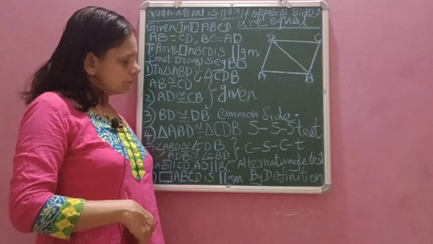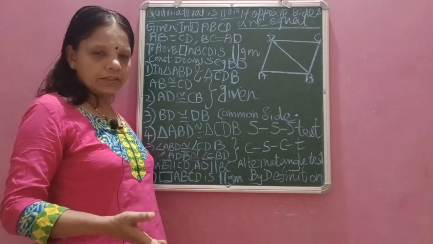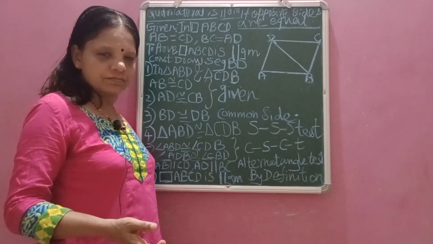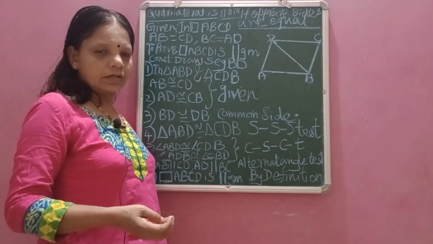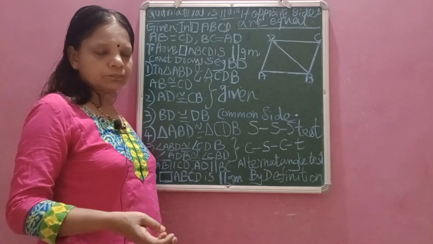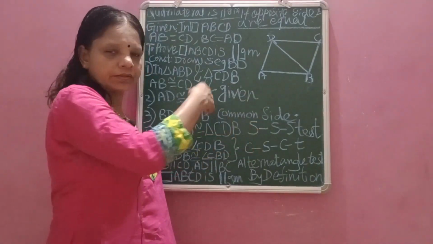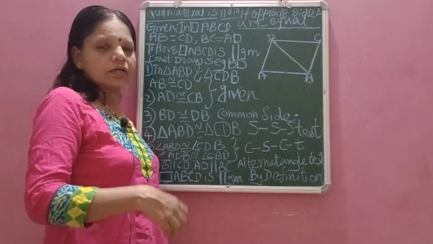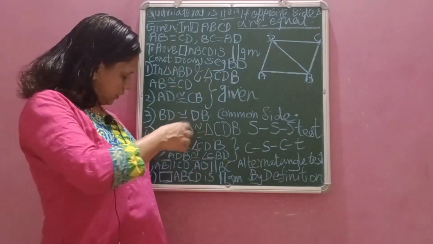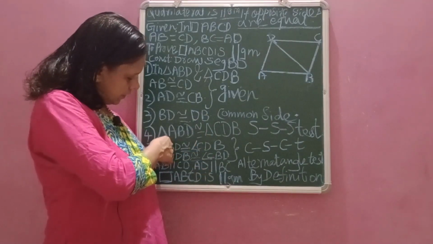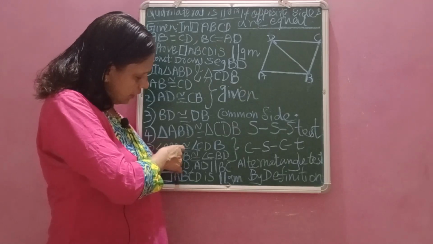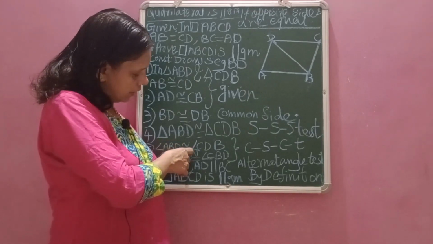Clear? So what are the remaining congruent parts? It will be three pairs of corresponding angles. So if this is satisfied, the remaining parts will be congruent. Therefore, next statement: angle ABD congruent to angle CDB.